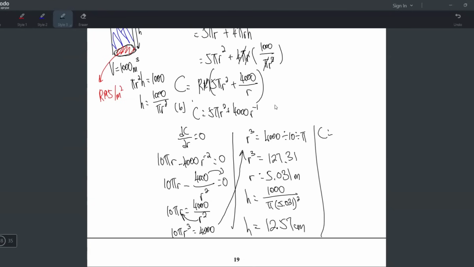So the C, I will substitute this one. So it becomes 5 pi R, which is 5.031 square, plus 4000 over R, and the R is 5.031.